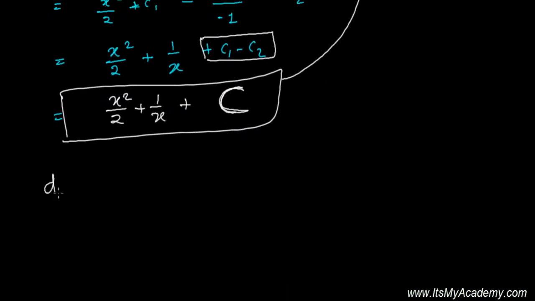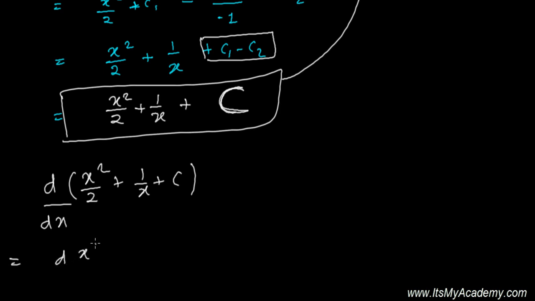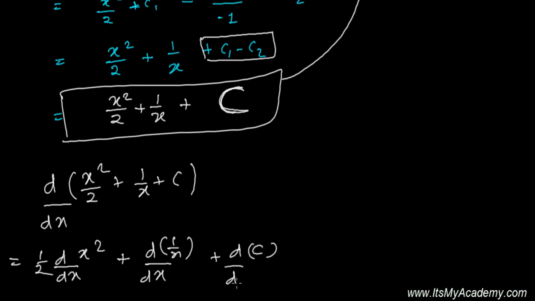So the differentiation of x squared over 2 plus 1 by x plus a big constant with respect to x. I'm separating individually. It's the derivative of x squared, with 1 by 2 coming outside, with respect to x. Similarly, the derivative of 1 over x with respect to x, and again the derivative of some constant with respect to x.